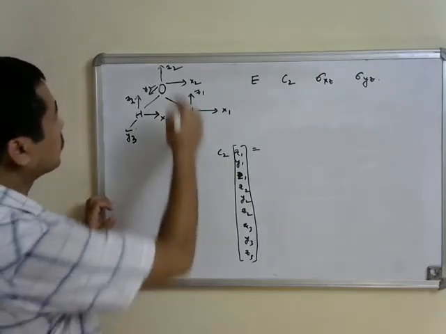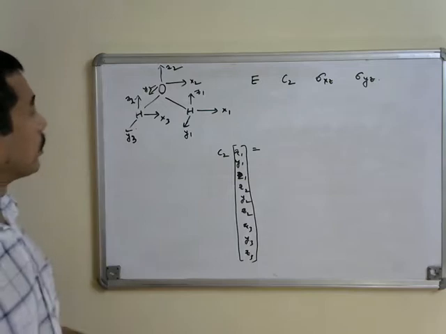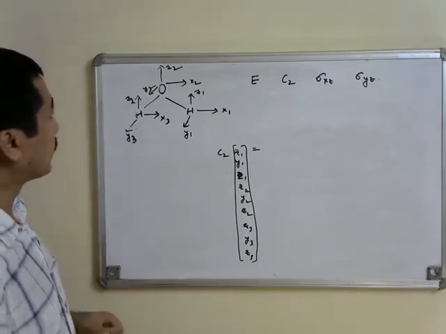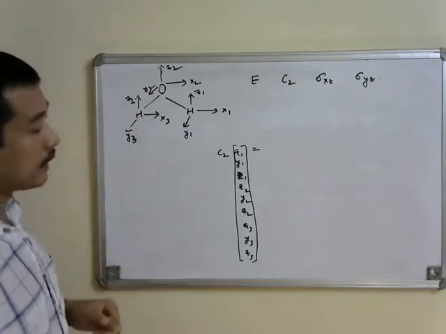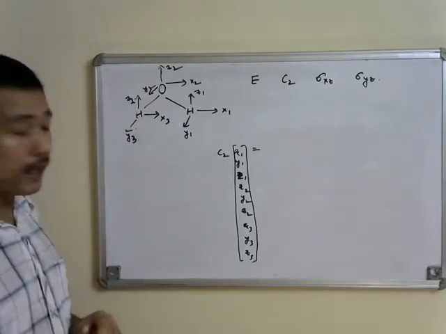So when we do the C2 operation, that is, when we rotate with respect to the axis passing through the oxygen atom along the Z direction, we will rotate it by 180 degrees.